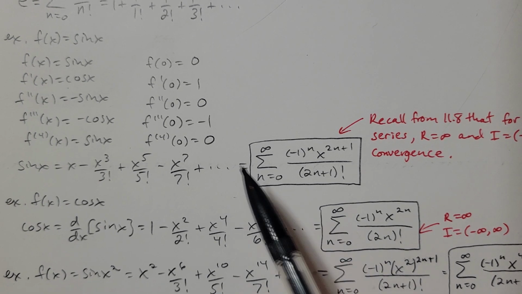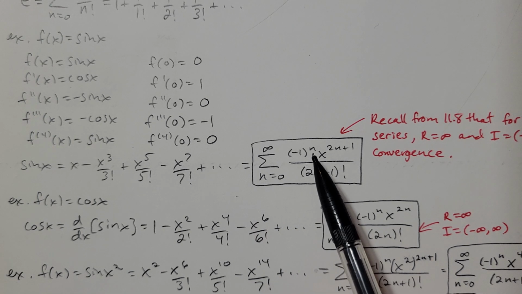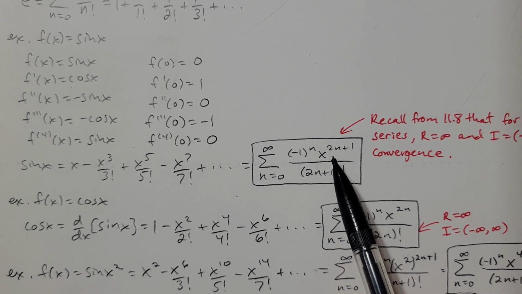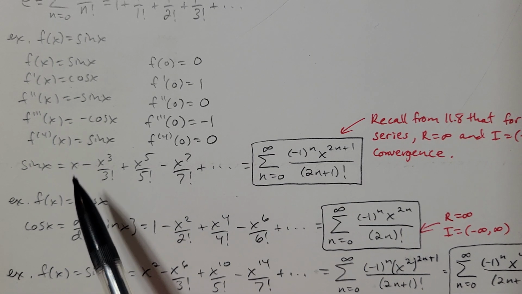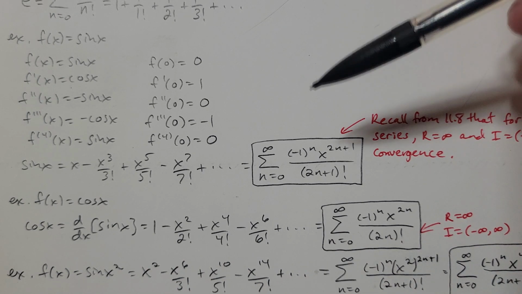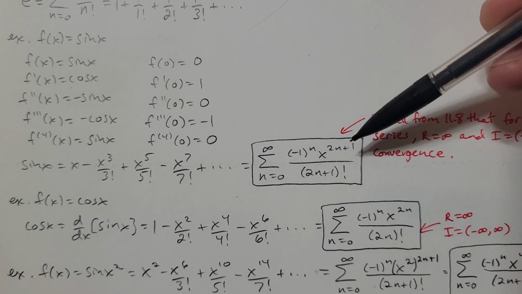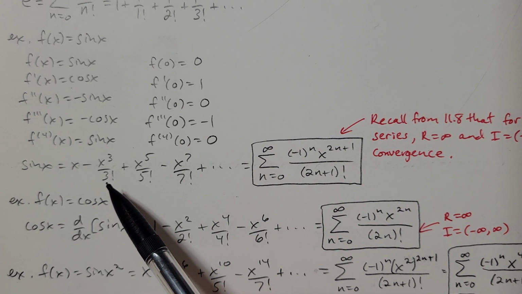Again, let me check this. If n is 0, I got 1 times x to the first divided by 1 factorial, which is x. That was good. When n is 1, I'm going to have minus x cubed divided by 3 factorial. Yeah, that's what I got.